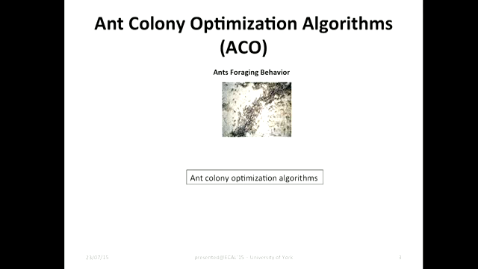Two ingredients are used for an ant colony optimization algorithm, mainly exploitation and exploration. Exploitation is where, as I said, ants use information produced by other ants which were exploring the environment, and use this to optimize their choices.